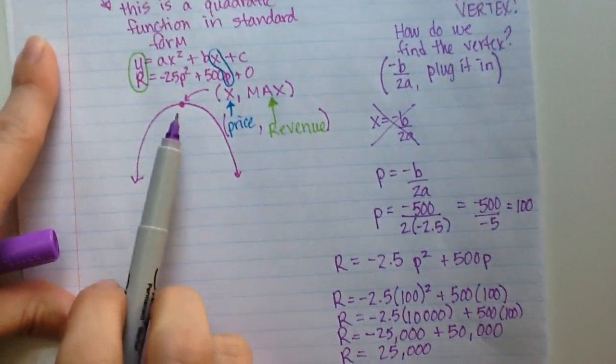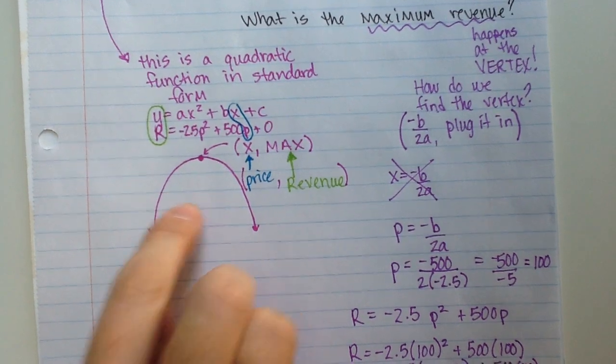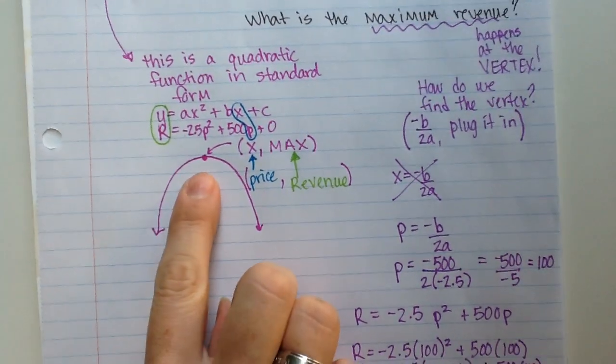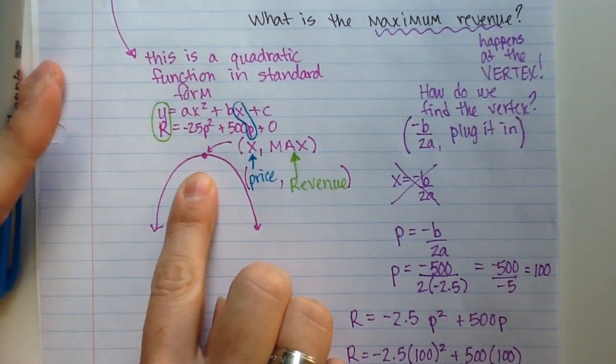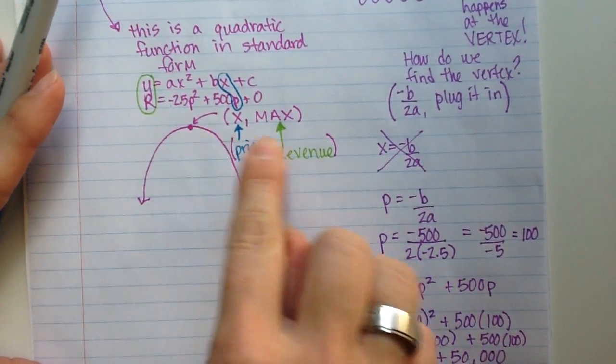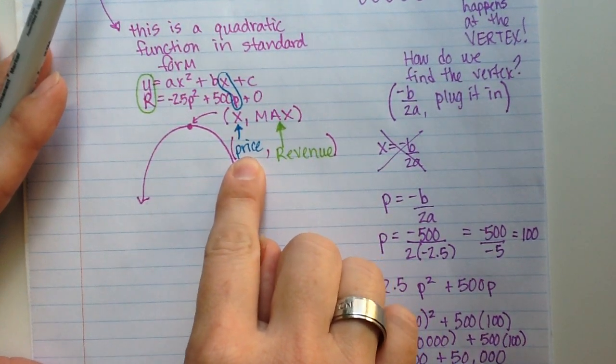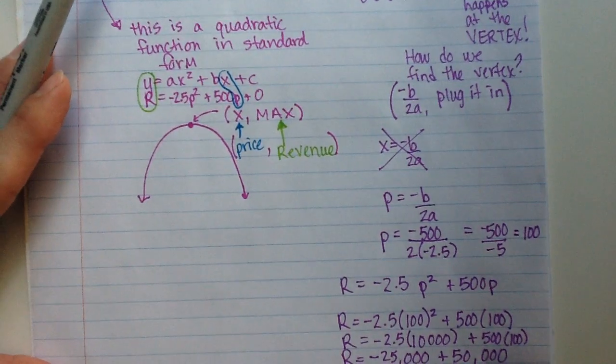Now, thinking back to our graph, this spot on the graph is the highest y value. Since the y values were revenue, it's going to be the highest revenue. The x-coordinate is going to be the price that will give us the highest revenue.